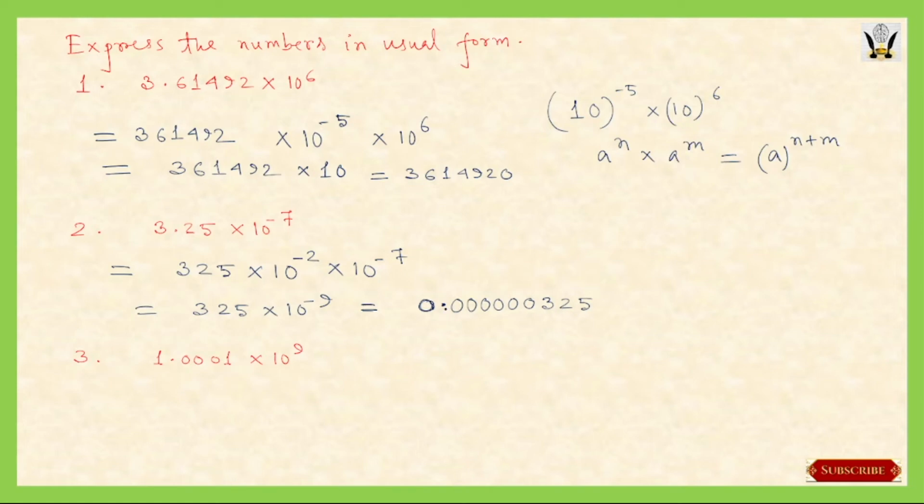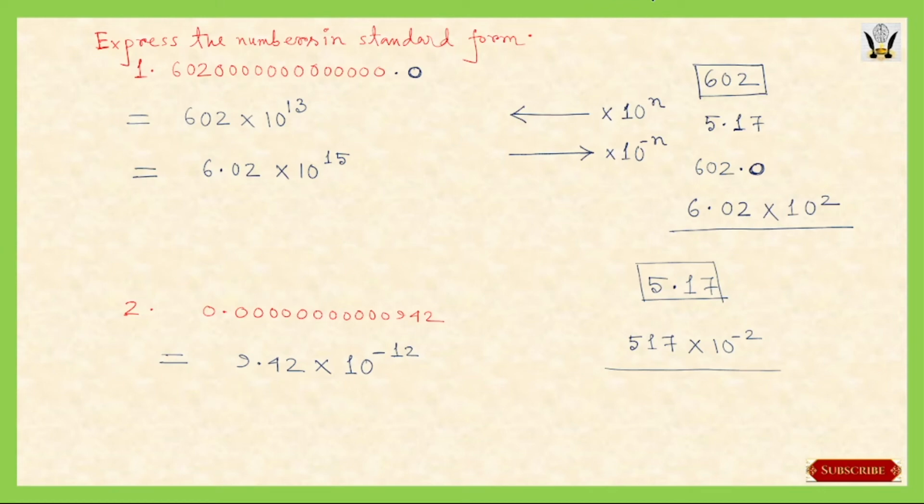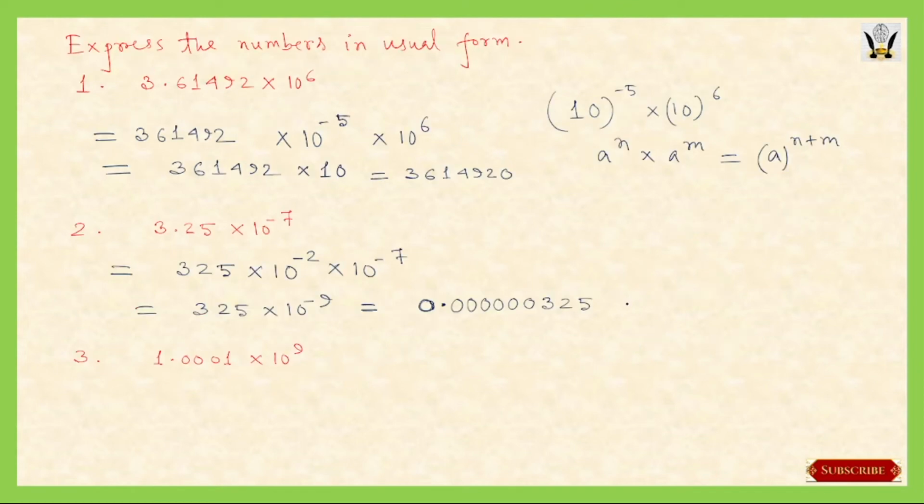And since this time the decimal point has moved towards the left, we will multiply by the factor 10 to the power n. So 10 to the power n, this time how many places has it moved? 9 places. So it will be 10 to the power 9, and we already had one factor which was 10 to the power minus 9.